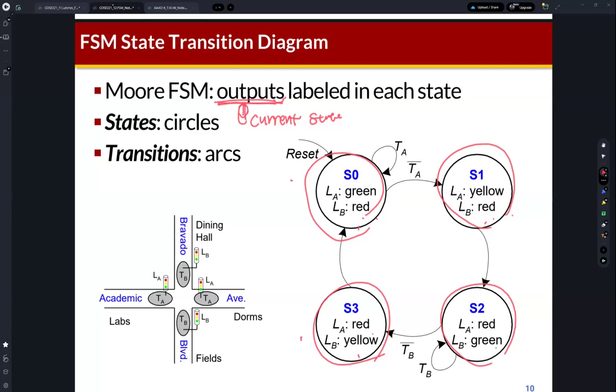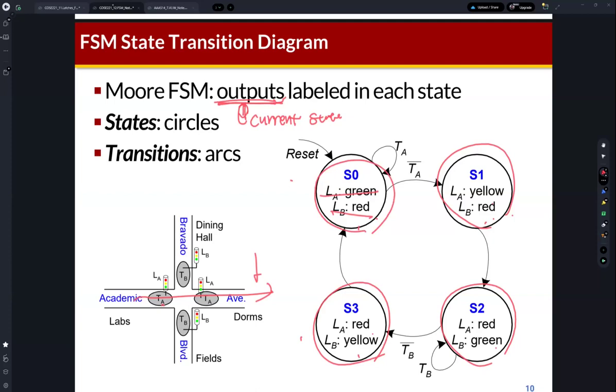So in this system, S0 is where LA is green and LB is red, which means this is the horizontal road. If the traffic is still detected on this horizontal road, then we need to keep the traffic light.